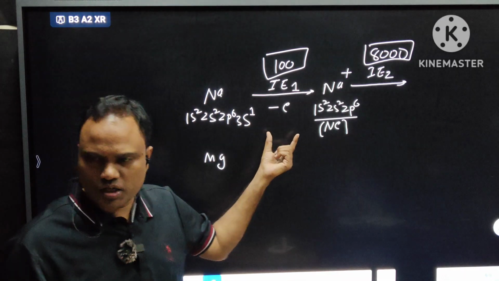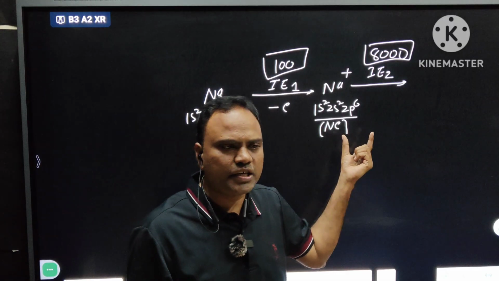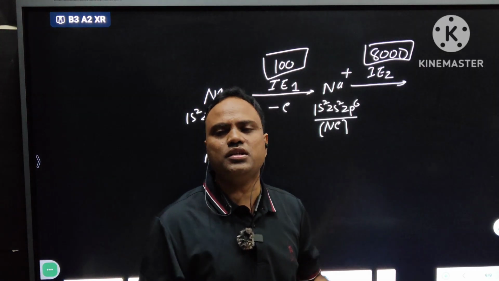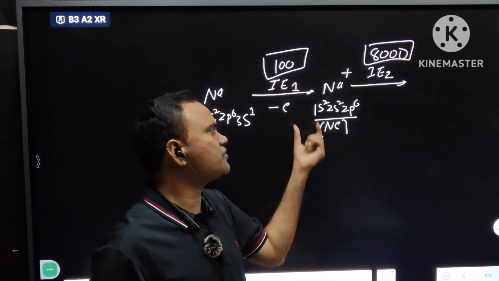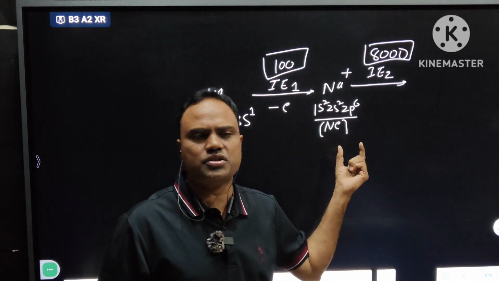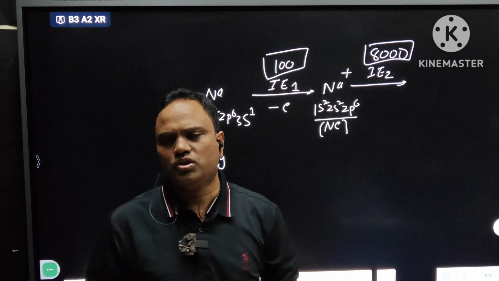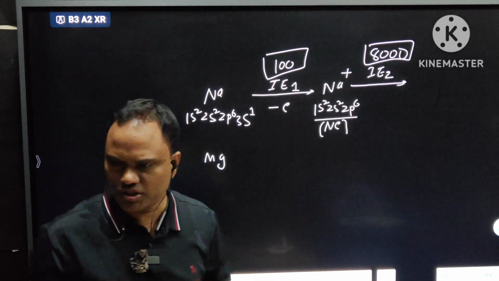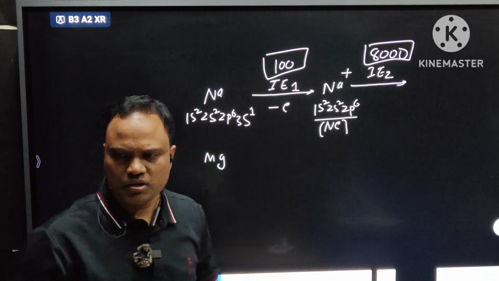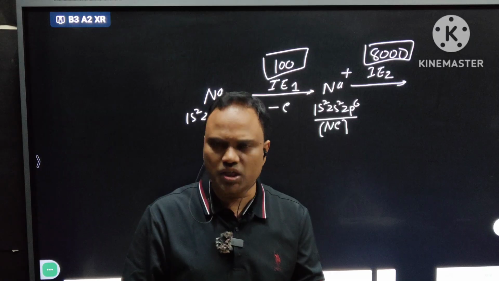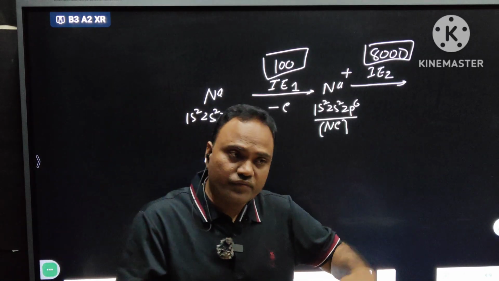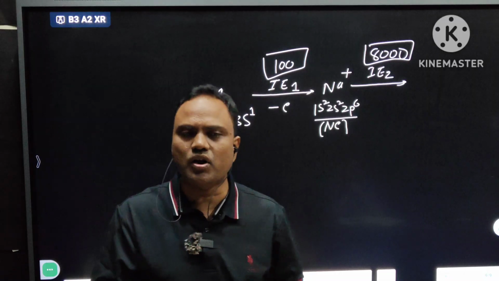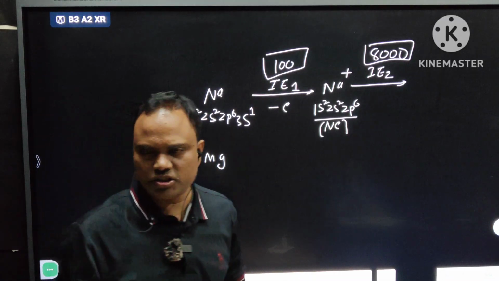After removing one electron, sodium is getting the stable neon inert gas configuration. And removal of electrons from the inert gas configuration is highly difficult. You should apply more energy. Got it? After removing one electron, if you get any inert gas configuration, removal of the next electron is highly tough. Remember this point.